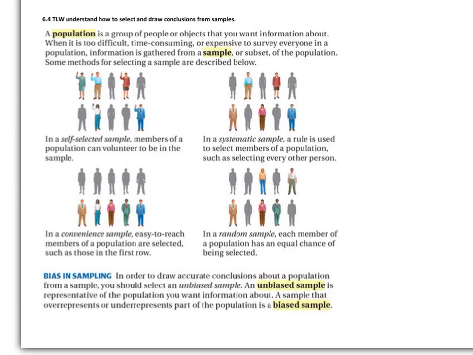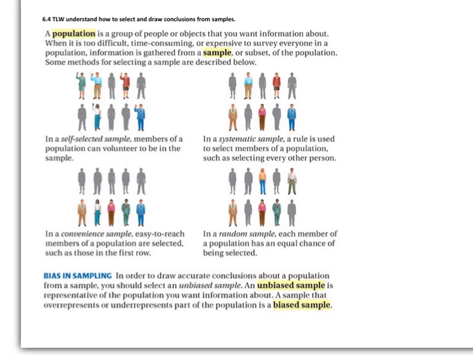Now, here's a big thing that happens. Bias in sampling. In order to draw accurate conclusions about a population from a sample, you should select an unbiased sample. An unbiased sample is representative of the population you want information about. A sample that overrepresents or underrepresents part of the population is a biased sample.